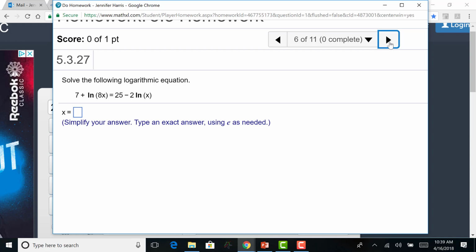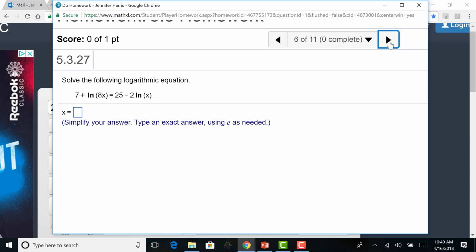Alrighty, so based upon some properties that we learned, let's see if I can figure some things out here. I'm going to put everything that has an ln on the same side of the equal sign and everything that doesn't have an ln on the other side. So these two are going to be on the same side, and these two I'm going to put on the same side.